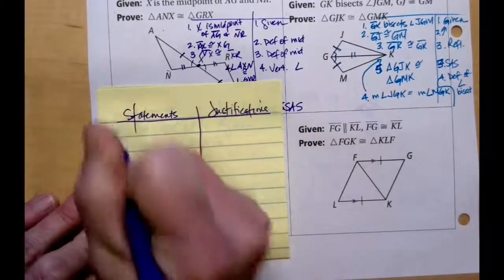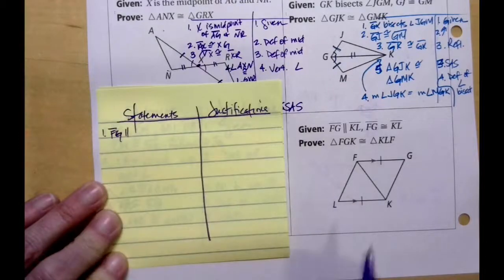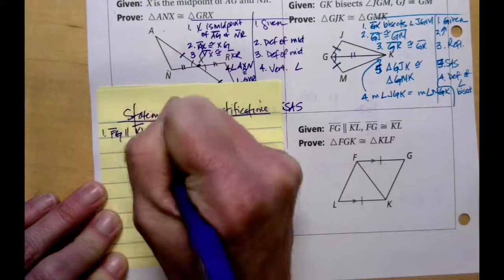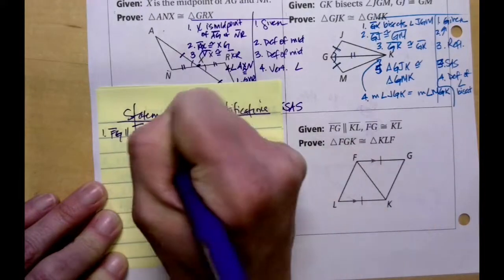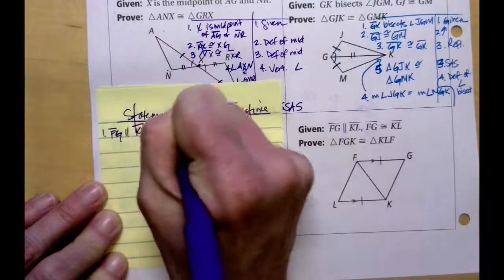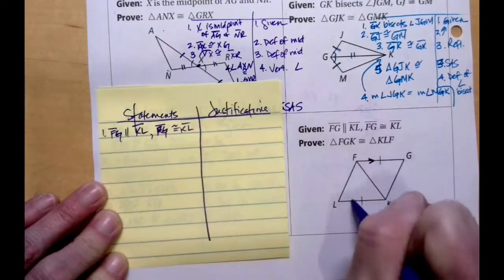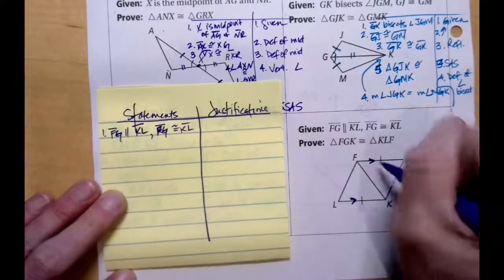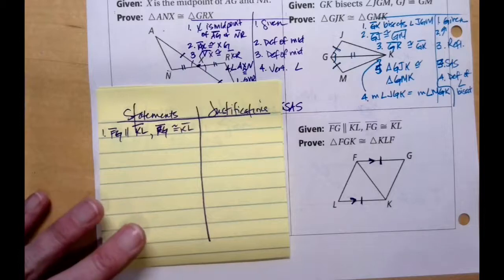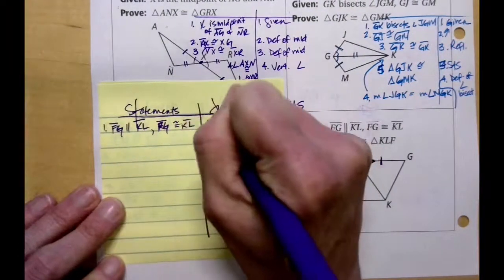All right, I have segment FG is parallel to segment KL. Segment FG is congruent to segment KL. Awesome. Here they are parallel, and here they are congruent. I love it. Okay, I got to prove that the triangles are congruent. So here was my given.